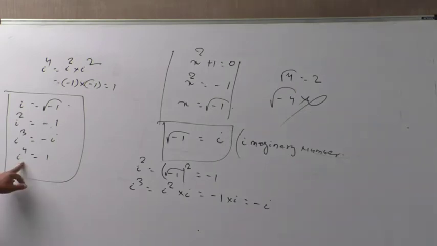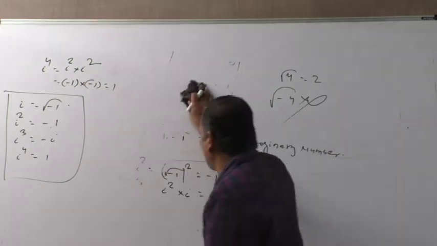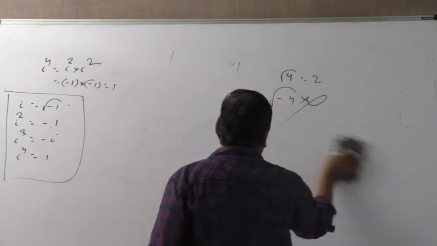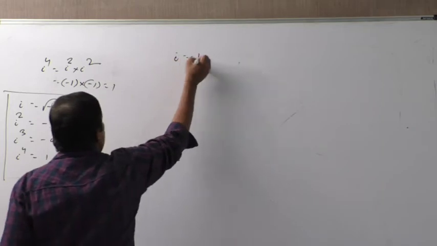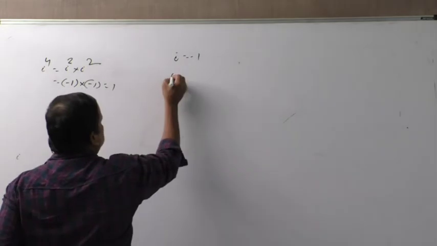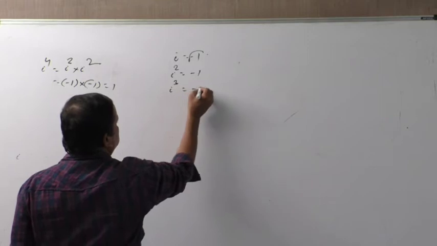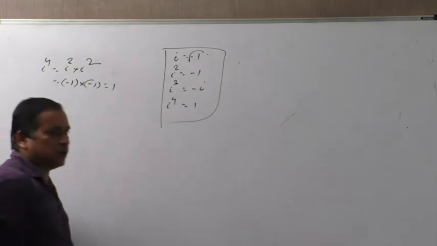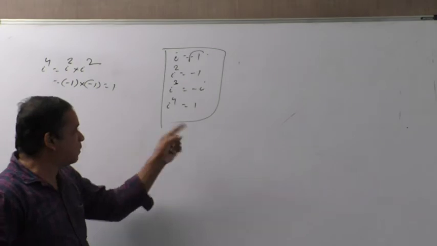So i to the power 4 is 1. That means a multiple of 4 as the power of i will give 1. This is the most important value.